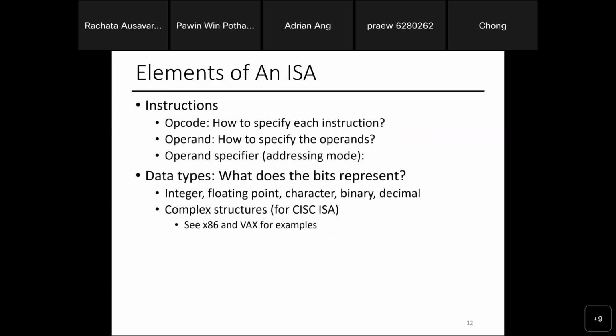So you have the operand. Now you have the operand specifier, which includes things like, remember the parentheses around register in x86. Whenever I said, if you see parentheses around something in x86, that's an address. That's the operand specifier, right? Or what's the dollar sign in x86? What's dollar sign?